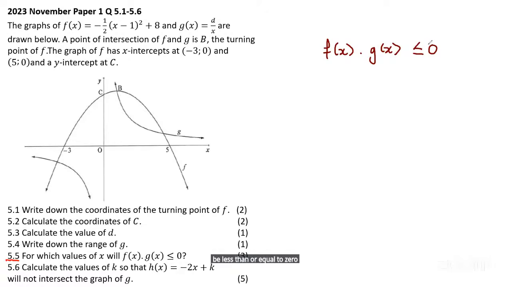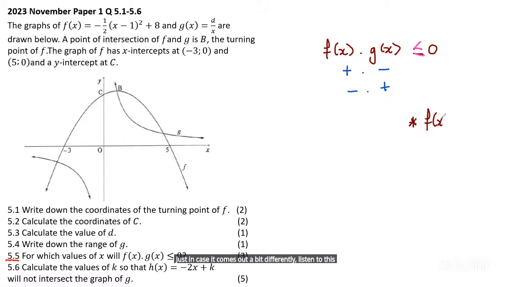Earlier on, I did allude, if it's less than or equal to 0, then we're looking at positive, negative, or negative, positive. Positive, negative, negative, positive.